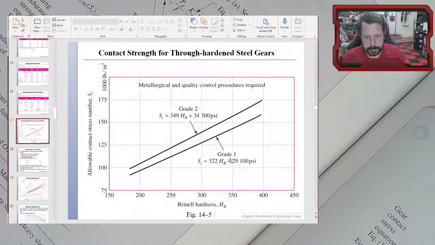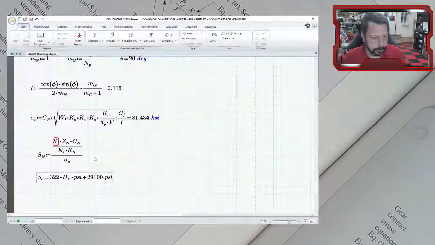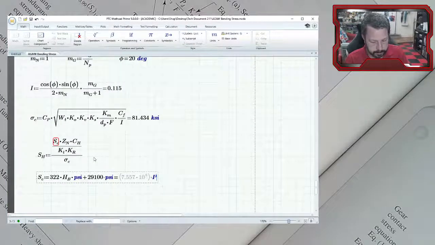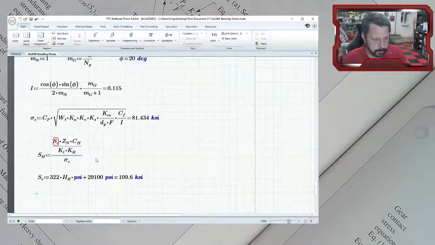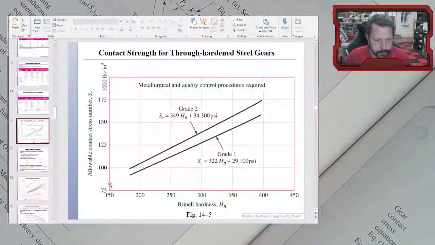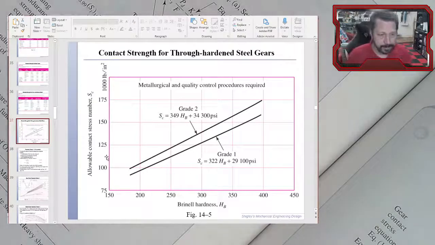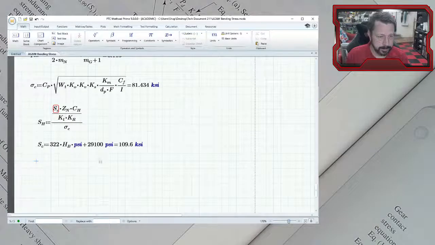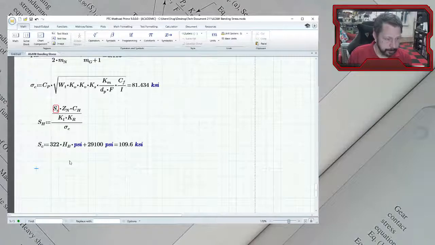So that's just putting this equation in right here. And 109.6, that seems reasonable. 110, we're looking at this, that seems like it could be 110. I think I said 115, but 110 is even better. All right, so we have that one.